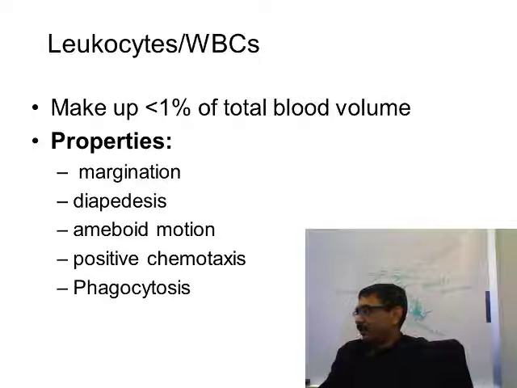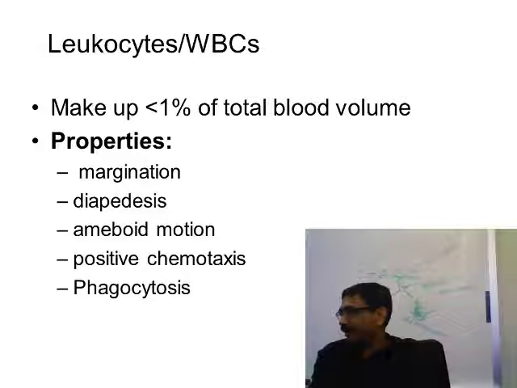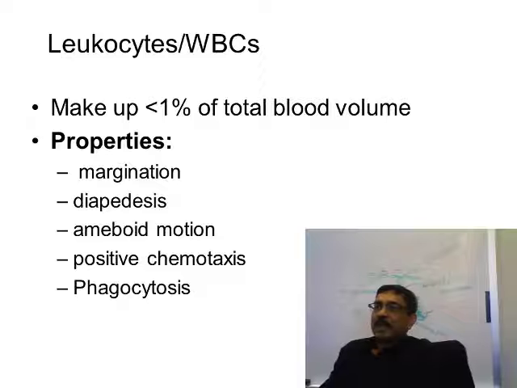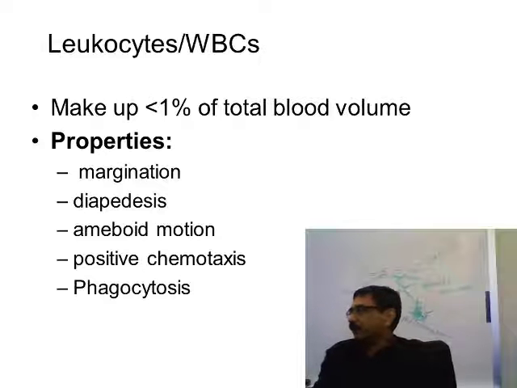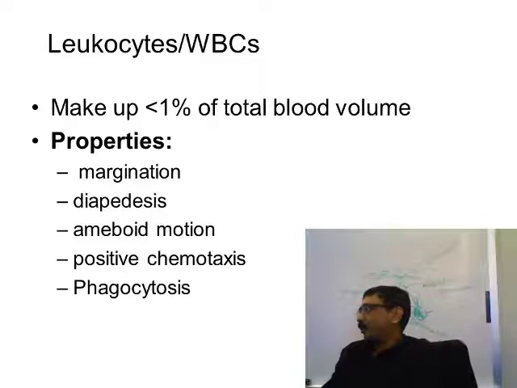Behavior is the property. Your behavior is your property, not the function. Function is destroying the antigens. That's the function. Put behavioral properties on it. Physiological property. That's why I said at the beginning, physiological properties, not the anatomical properties.